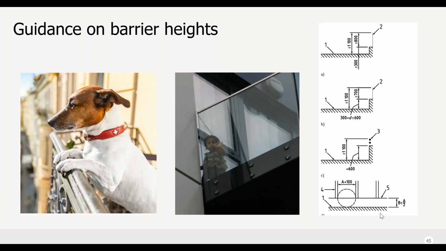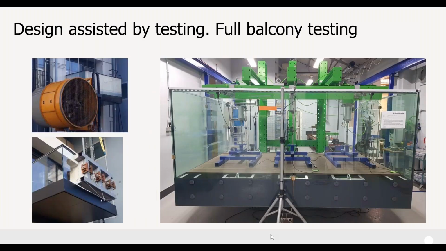Moving on, just a bit about one of the questions that came up prior to the meeting, which was about testing of balconies. We've already touched on the advisability of being able to test the deflection of a balcony. That's an easy way of ensuring that it's coming up to standard. But a lot of the Eurocodes do actually allow for design assisted by testing, which is very useful when considering some of the modern methods of building balconies.